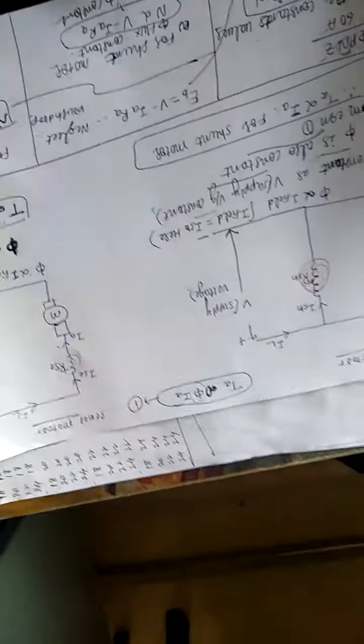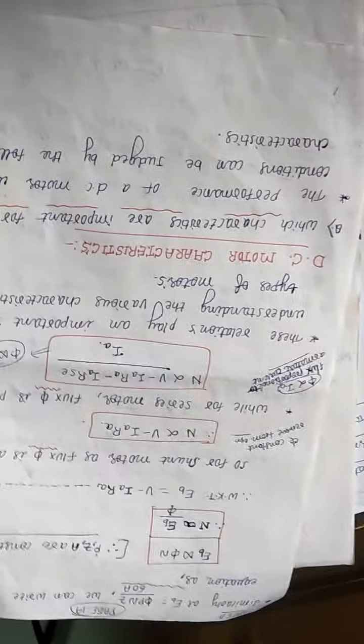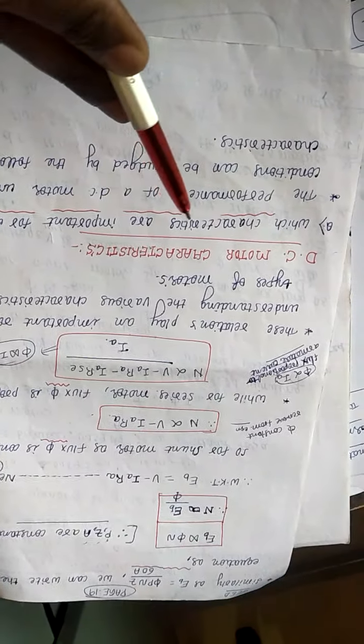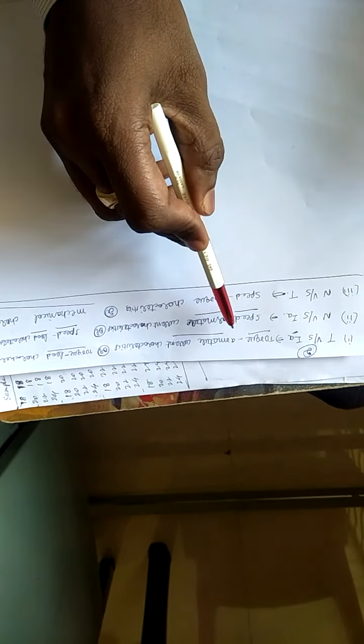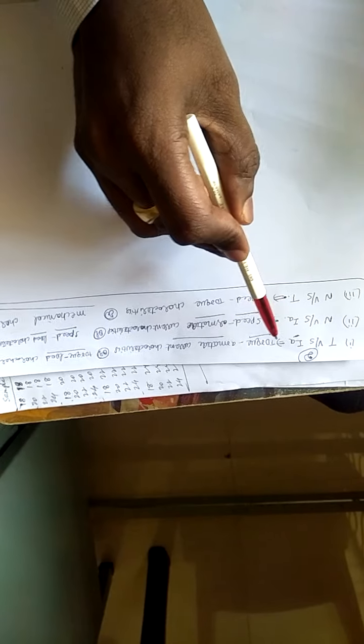Okay. Next, DC motor characteristics. Mainly there are three important DC motor characteristics. The first one is the torque versus armature current characteristic, T versus Ia.